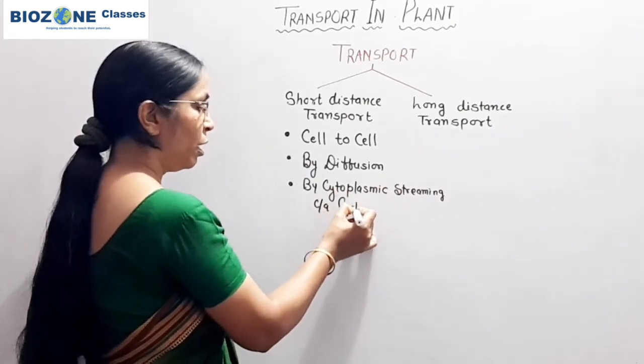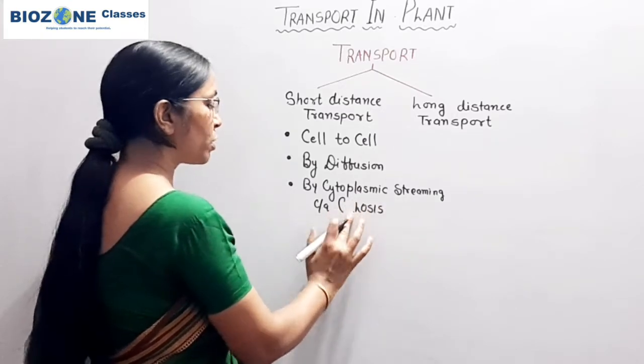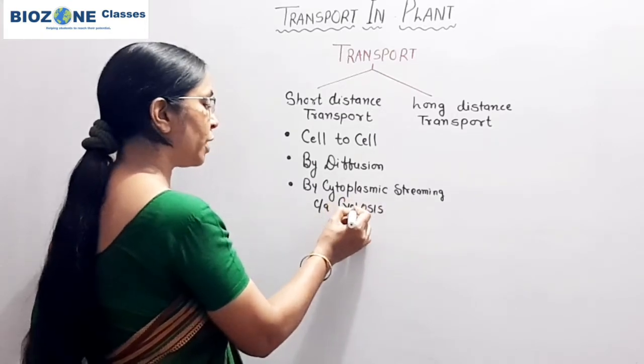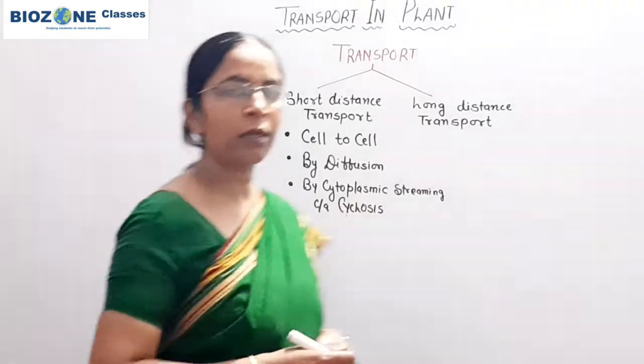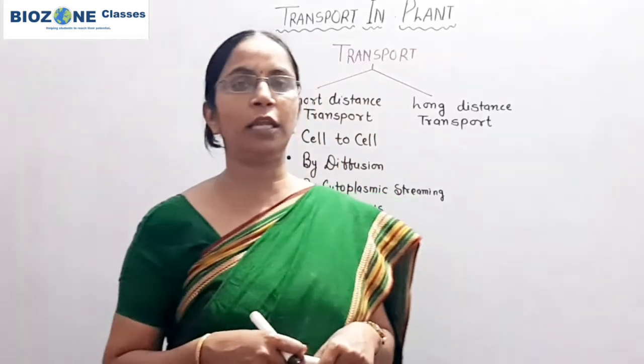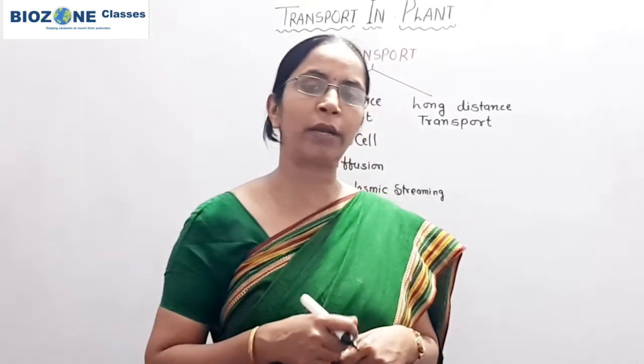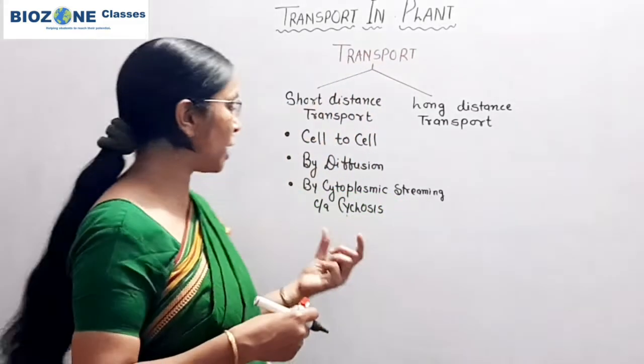Cytoplasmic streaming is commonly called cyclosis. When you study cyclosis, remember that the movement in the leaves of Tradescantia and the cytoplasmic movement in the leaves of the Hydrilla plant are the two common and best examples of cyclosis.